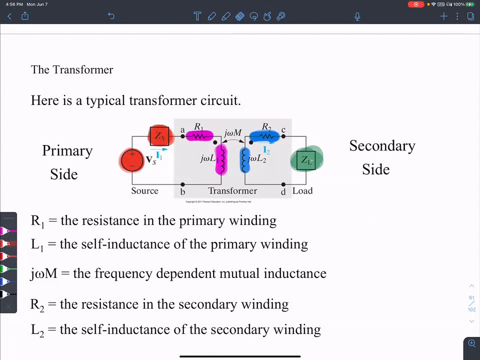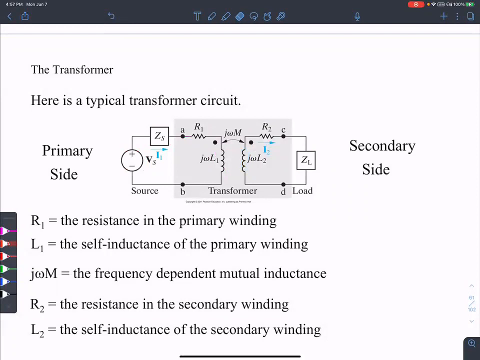Let me say that again. There is this purple inductor, and because an inductor is a long wire, it has an associated resistance R1. Then J omega L2 is an inductor in itself, and it has an associated resistance R2. Then there is a voltage source shown in red, Vs, and an impedance associated with the voltage source.